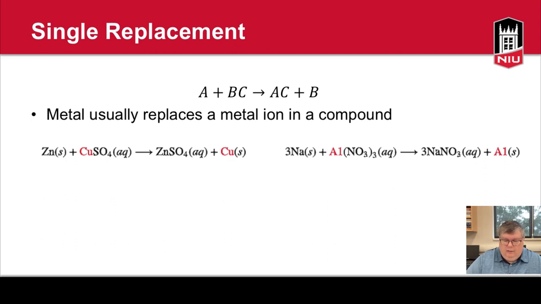So the zinc, A here, replaces B to form AC plus B. Similarly, sodium can react with aluminum nitrate to form sodium nitrate and aluminum solid. This is A plus BC goes to AC plus B.